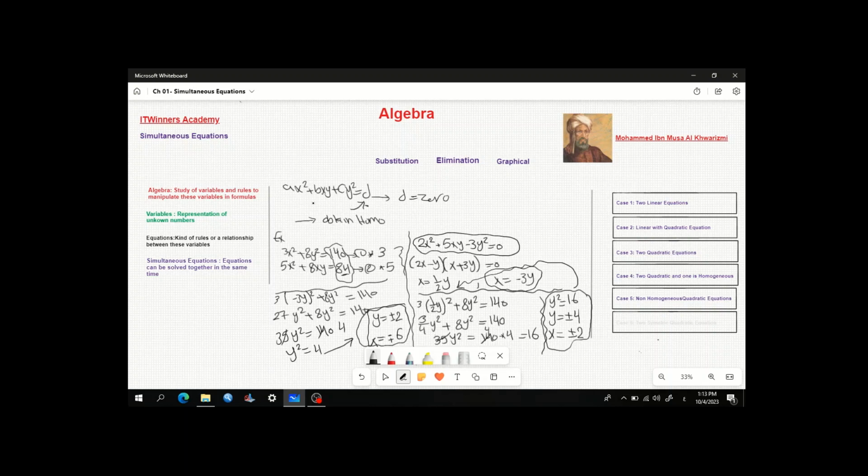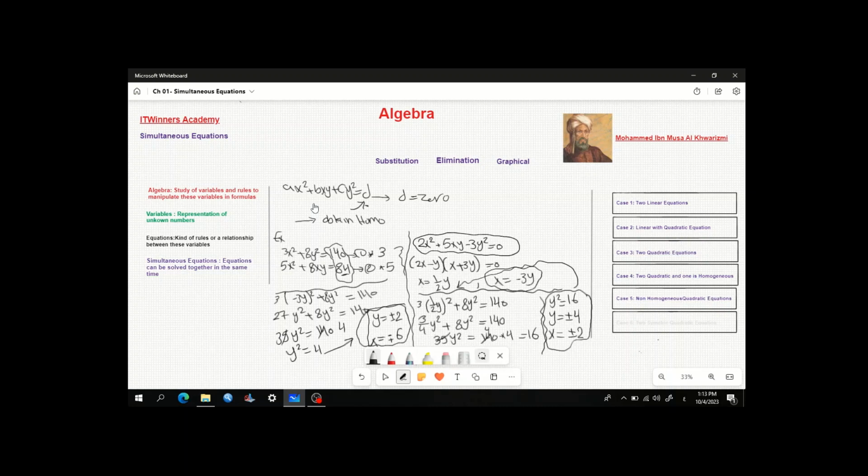I get x equal to half y and x equal to minus 3y. Okay, now let's move to the last case.